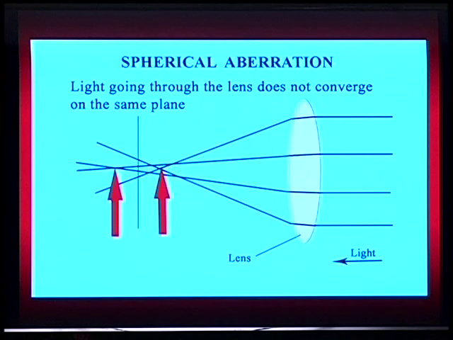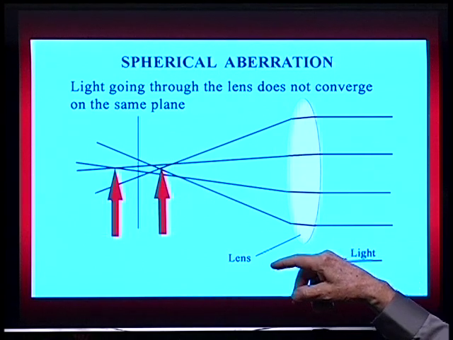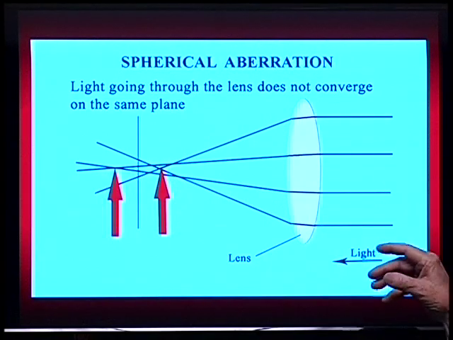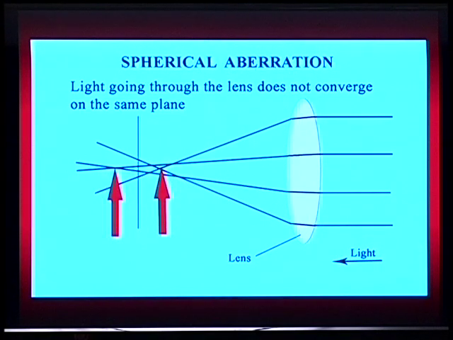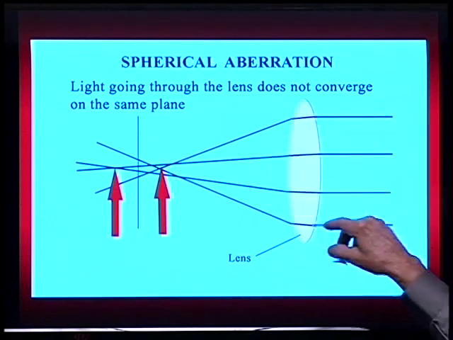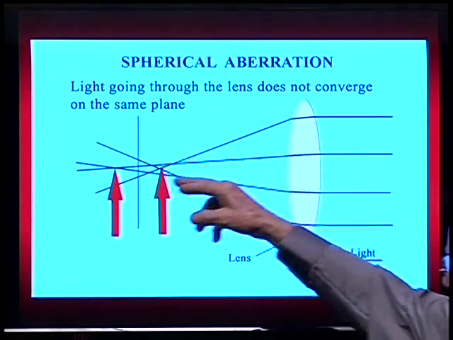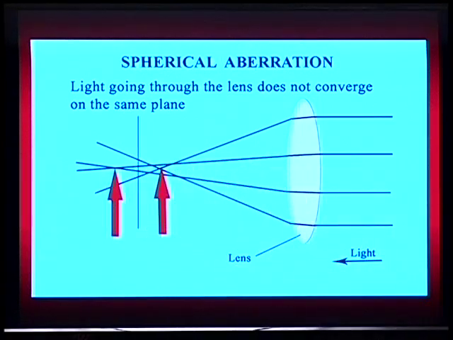The light coming in from parallel rays or from a distance will not focus or converge in the same place, because different parts of the lens bend it in different ways. You can notice here these outer rays converge in front of this particular line, those in the middle over here, and so on. This is the problem of spherical aberration, and if you have too much of it, you're not going to see a good picture, which is, of course, what we want: a sharp image, to be able to see the details.